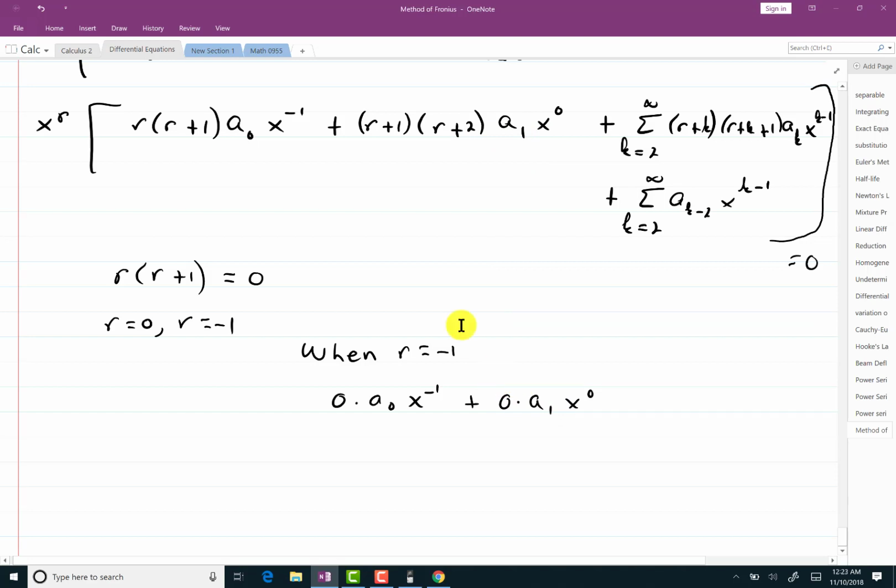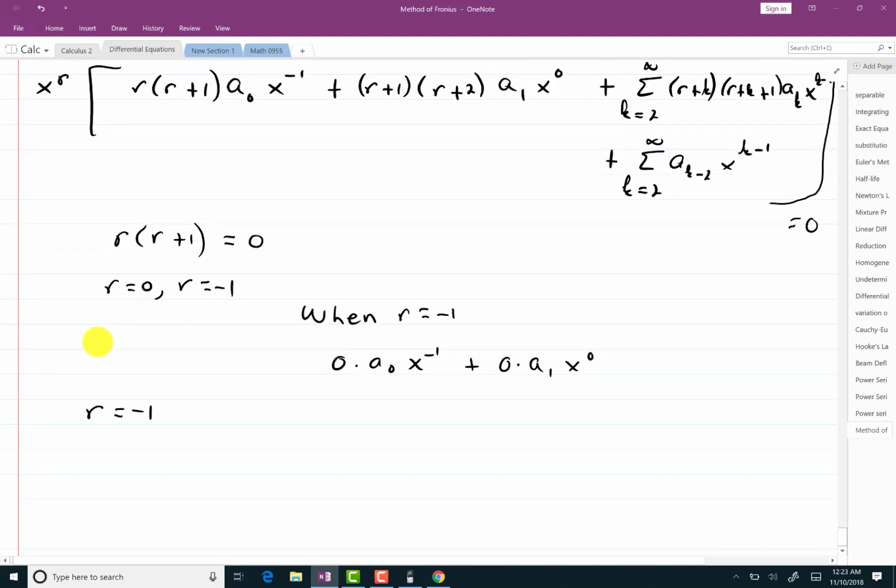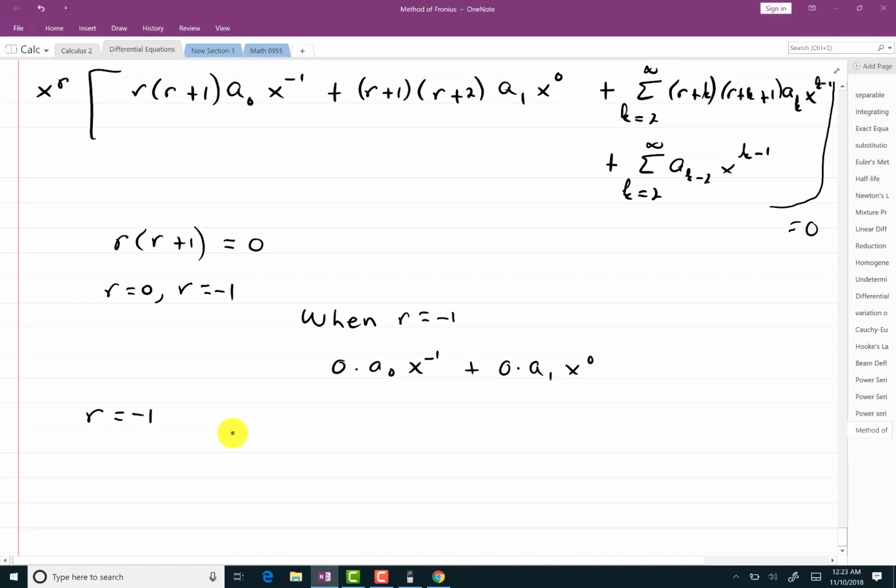Let's go ahead and let r equals negative 1 for a moment. Let me also combine these while I'm at it. So I'm going to put together k equals 2 to infinity. Let me put my negative 1 in here.